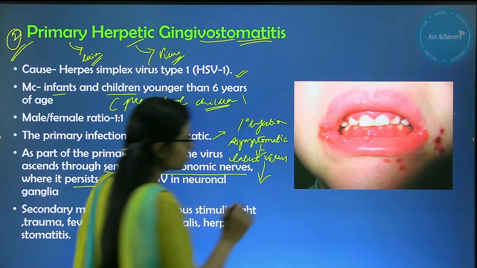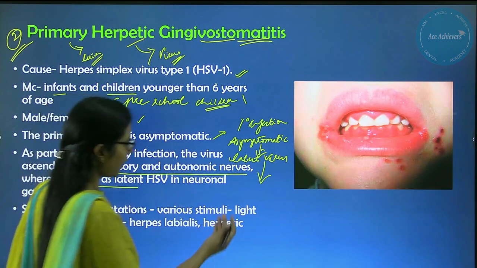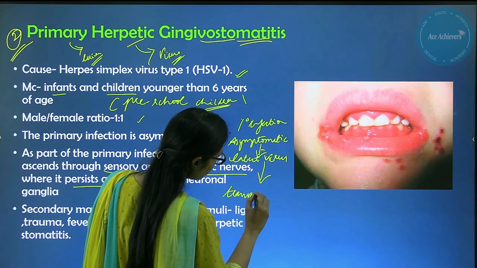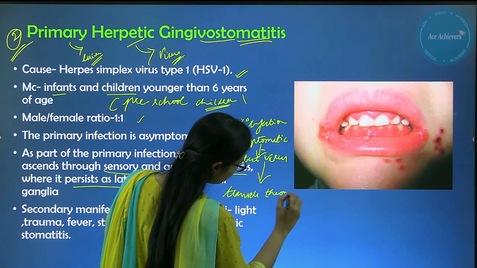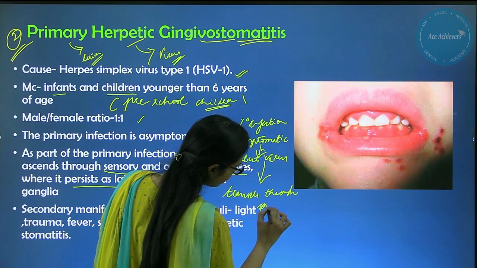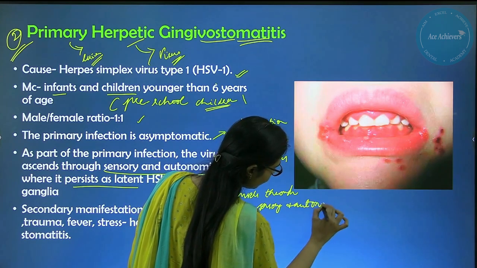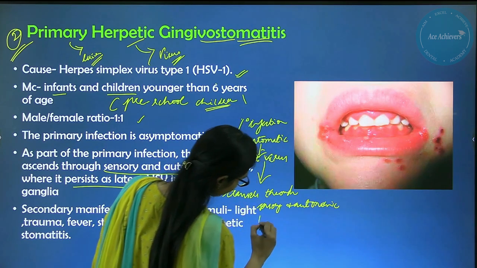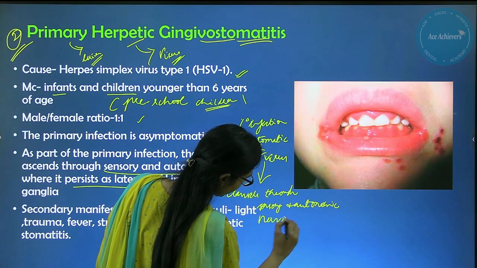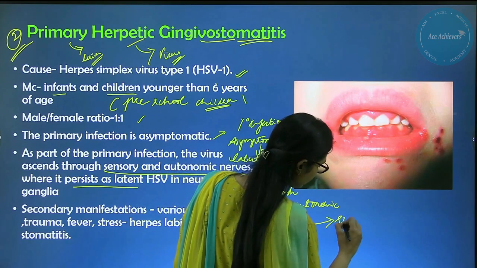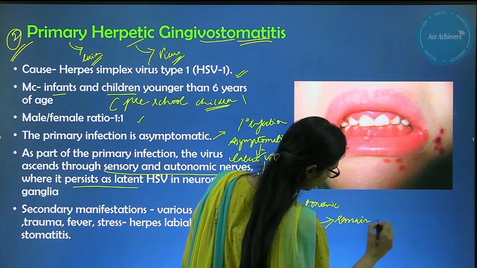So now what happens is in the later period of life, this virus travels through the sensory and autonomic nervous system, where it is going to remain in the neuronal ganglia.